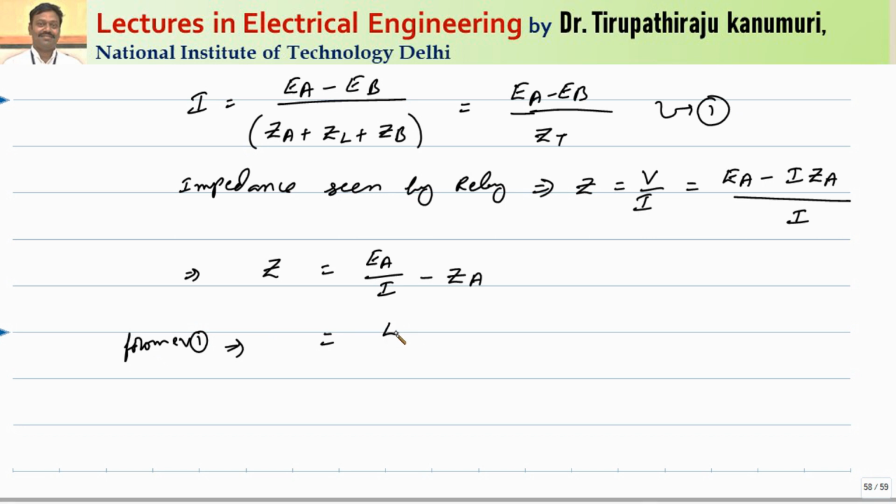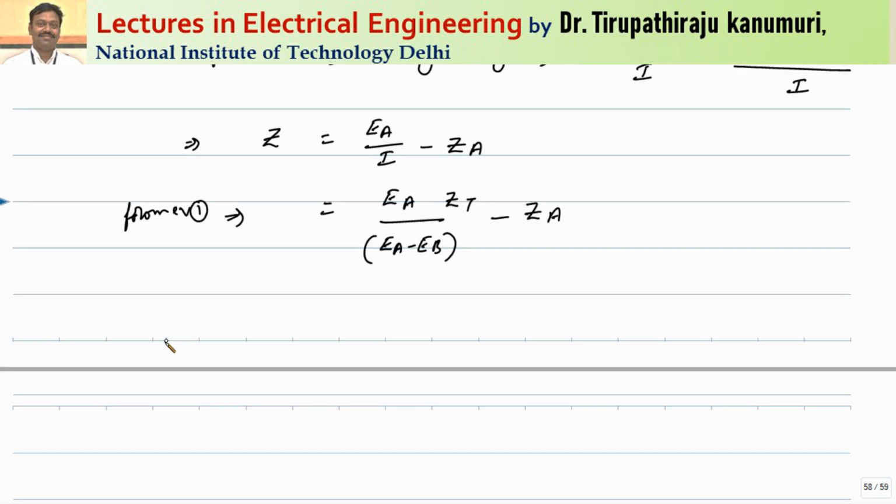So this will be equal to EA divided by the current, which from equation number 1 is EA minus EB divided by ZT. So the current I can substitute as EA minus EB, and ZT will come in the numerator, minus ZA. This is the equation. Getting this one?